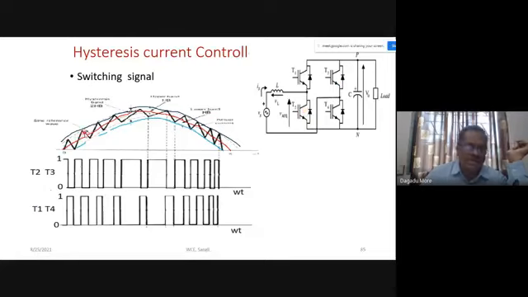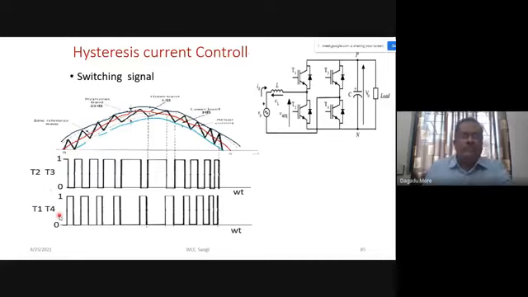If you want to decrease the current, we switch on the T1 and T4. If you want to increase the current, we switch on T2 and T3. And this is the switching signal we can obtain with the help of this logic. Is it clear?